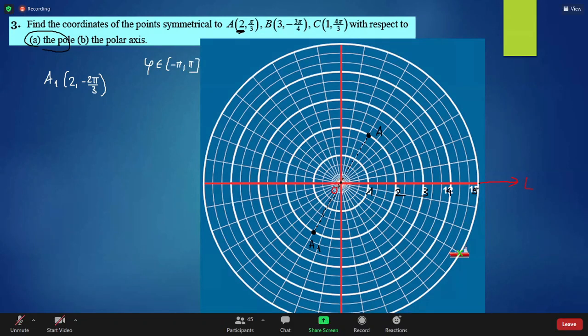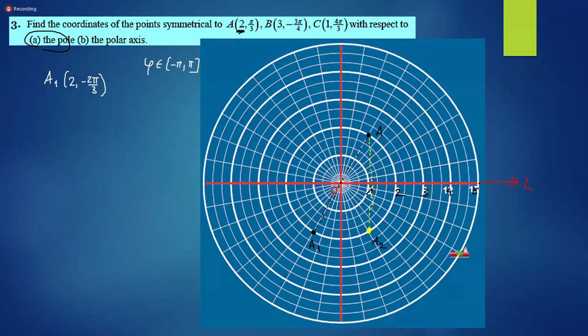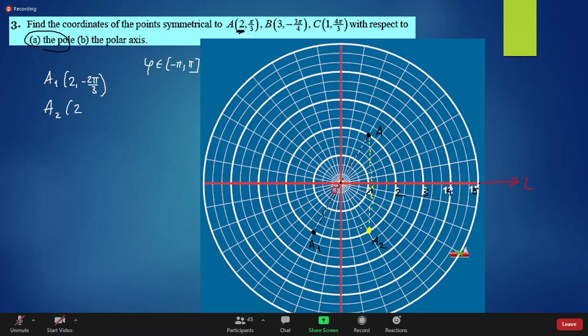So these symmetries do not change the distance from the origin, they do not change the R value, but they certainly change the angle. So if the original point has angle pi third, then the symmetrical point will have the opposite angle value. We are simply going, as in trigonometry, in the opposite direction. So we will have 2 and minus pi third.